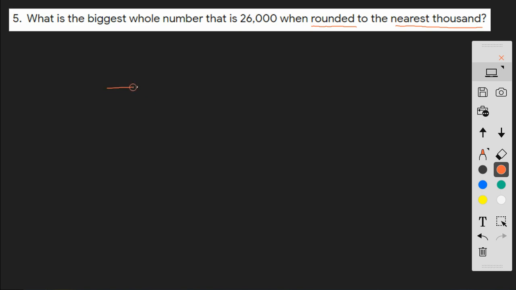Rounding to the nearest thousand. Let's have a look at our number line here. 24,000, 25,000. So we're counting in thousands. 27,000.